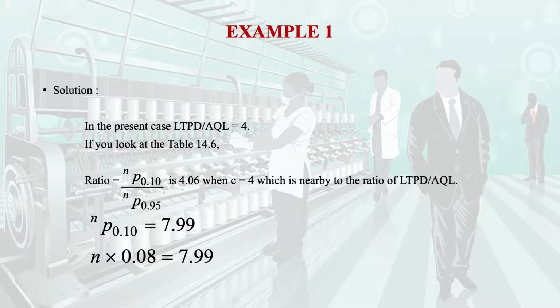If you see the value of np at suffix 0.10, it comes to be 7.99, and if you simply take the value of n, it comes out to be approximately 100. So our sample size for the given problem should be 100.